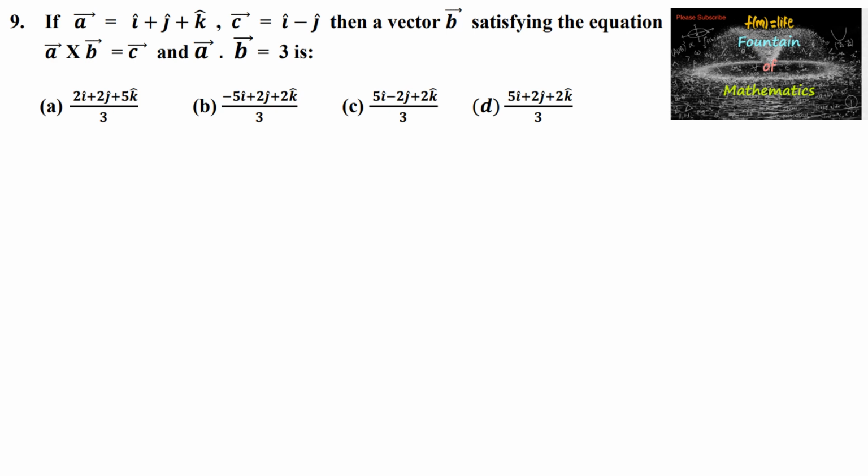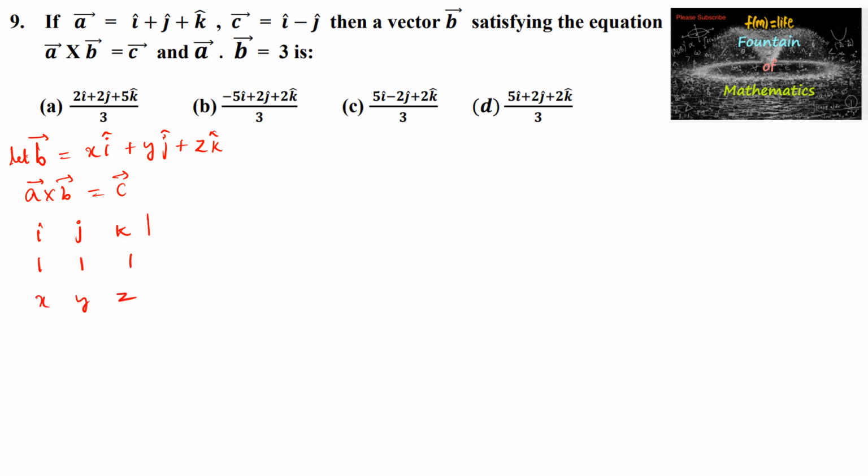Or let us consider vector B is equal to xi plus yj plus zk, so that A cross B vector is equal to C vector. So let us find the determinant i, j, k, A vector with the components 1, 1 and 1, B vector with the components x, y and z, which is equal to vector C, that is i minus j.